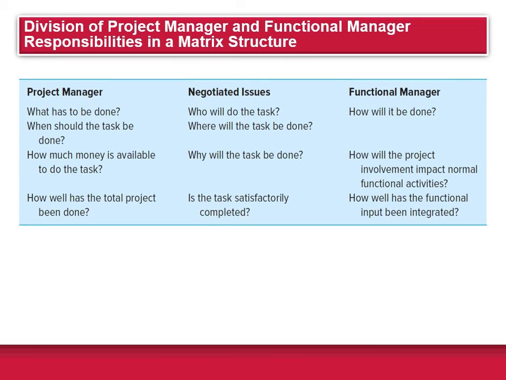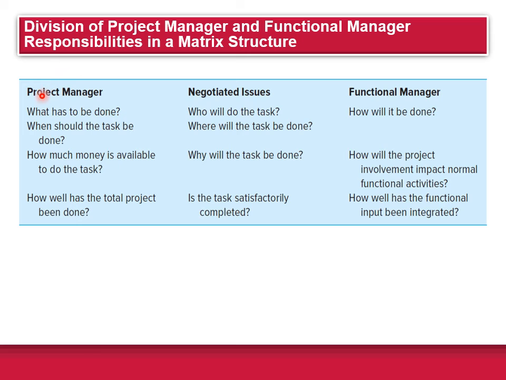So in theory, the matrix approach provides a dual focus between the functional and technical expertise and the project requirements that's missing with either the project team or the functional approach. This focus can most easily be seen in the relative input of functional managers and project managers, as shown on the slide here.